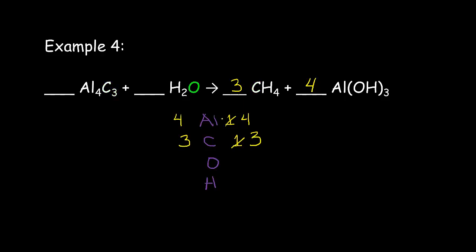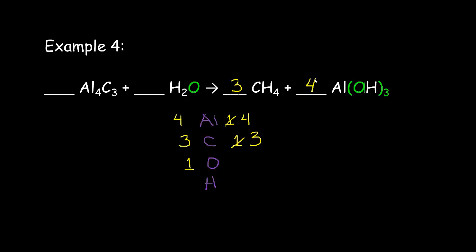Next is oxygen. The only place we can get oxygen from on the reactant side is from H2O, and we have 1 oxygen here. On the product side, the only place that we can get oxygen from is aluminum hydroxide, and that's right here. Here we have 3 oxygens for every aluminum hydroxide that we have, and then we have 4 aluminum hydroxides.